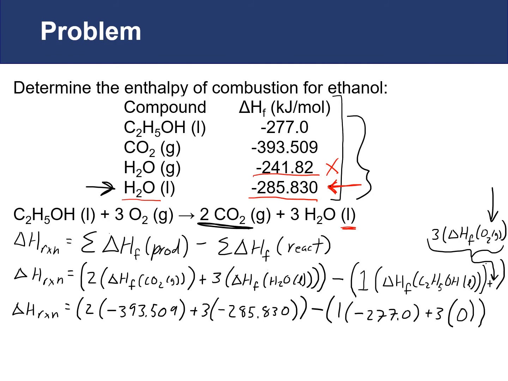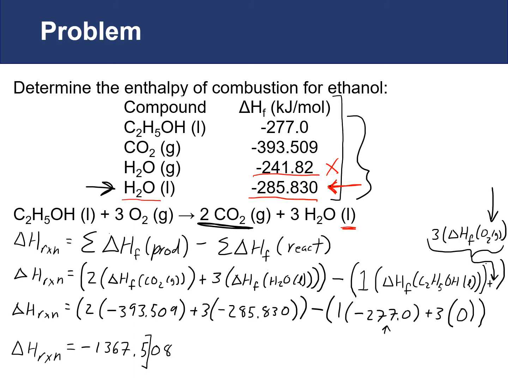If we plug this all into our calculator, we get an enthalpy of reaction value that is equal to negative 1367.508. In terms of our significant figures, this is all addition subtraction, and so it would be the value that has the least number of decimal places, which is the value for the ethanol.